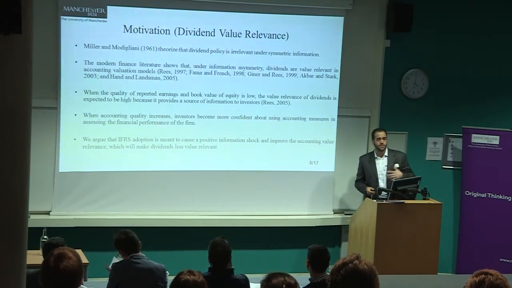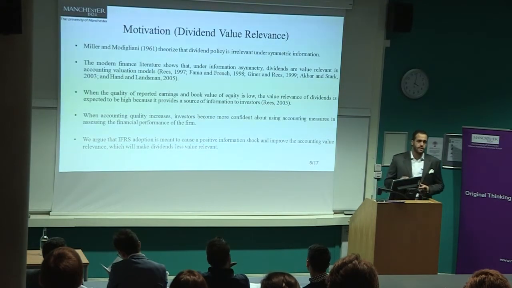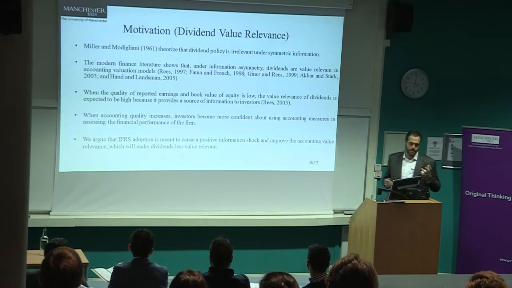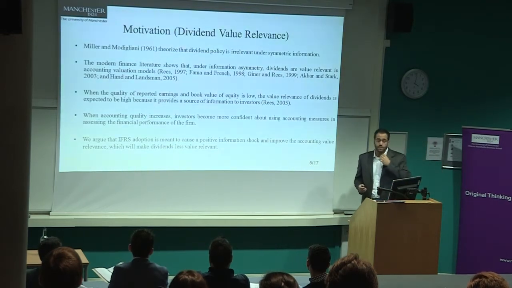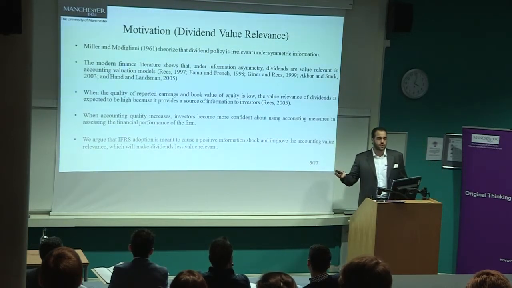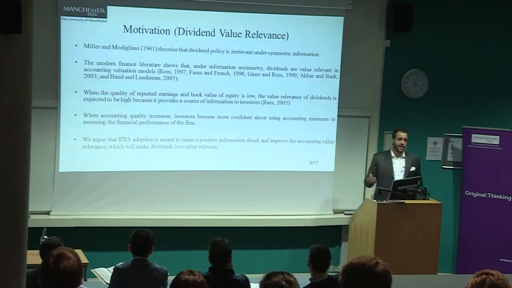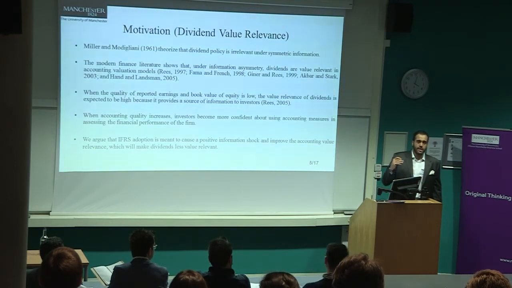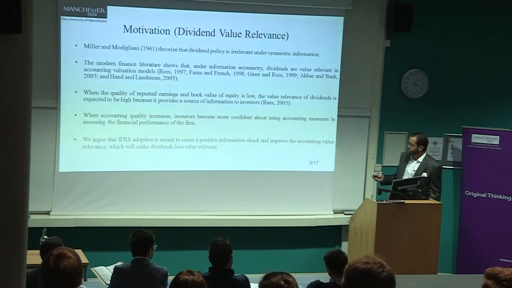Thus, dividends are considered one of the main signals of the future performance of a firm, given that accounting numbers are vague, more or less, or being managed, because of the high level of information asymmetry. If a better information environment is induced by a new set of accounting standards, then we would expect the value relevance of dividends to decrease, and at the same time, the value relevance of accounting to increase.